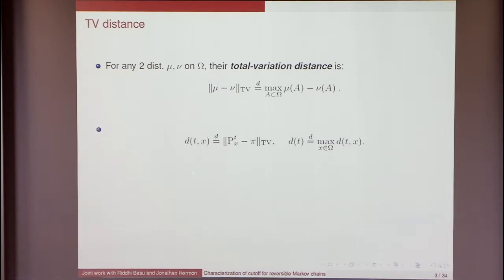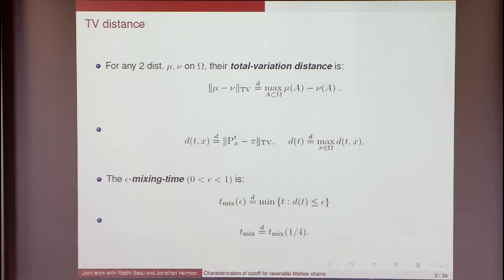So this is the maximum over all target sets A and initial points x of the difference in the probability you are at A versus pi of A. Okay, so d of t is really measuring your distance to stationarity in a rather demanding way, maximizing over starting point and target sets the total variation distance.